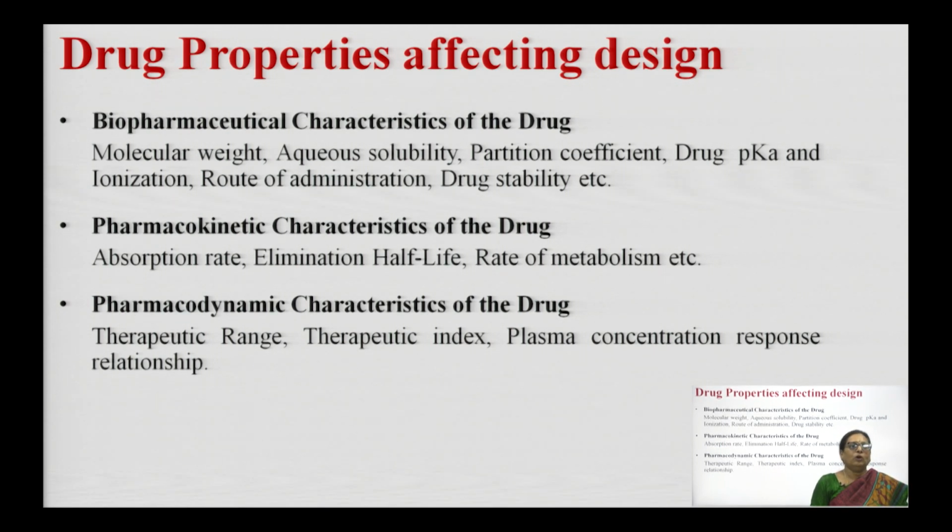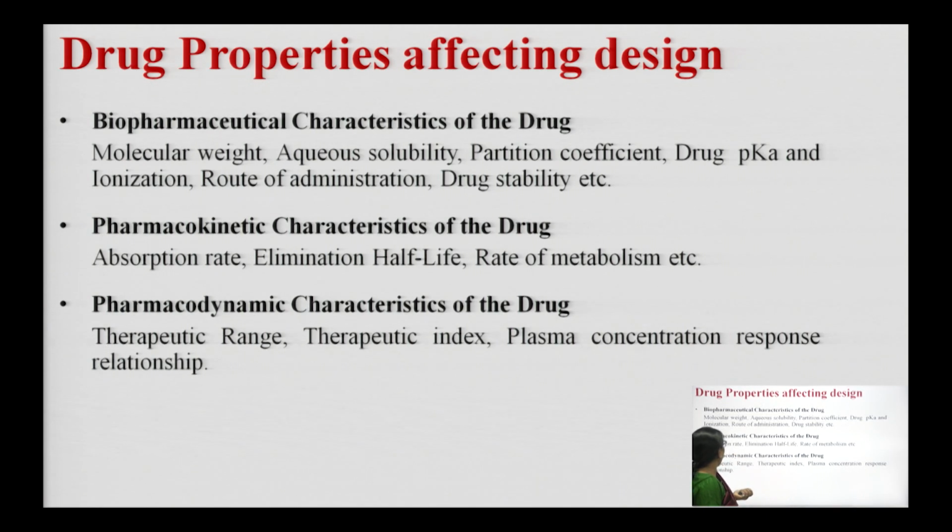These include the molecular weight, aqueous solubility, partition coefficient, drug pKa value and ionization constant, route of administration, drug stability, etc. The second category is the pharmacokinetic characteristics of the drug. These include the absorption rate, elimination half-life, rate of metabolism, etc. Pharmacodynamic characteristics of the drug include therapeutic range, therapeutic index and plasma concentration response relationship.